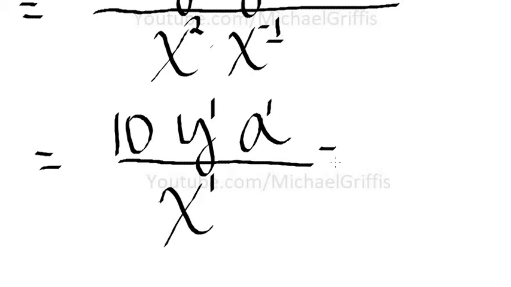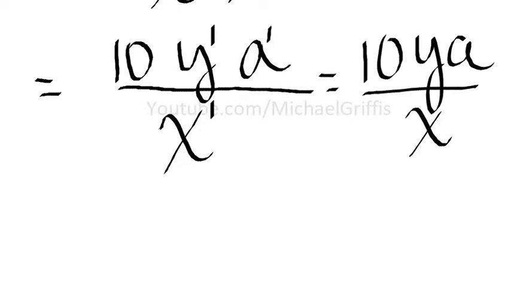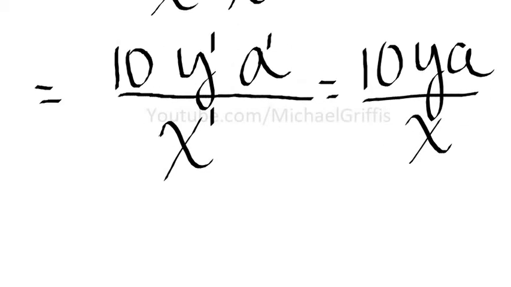Of course, we don't ever write it like that, we just write 10ya over x. So that expression condensed down to 10ya over x.